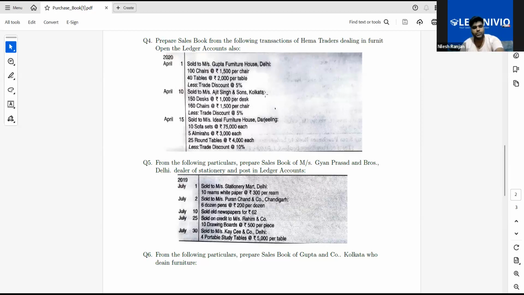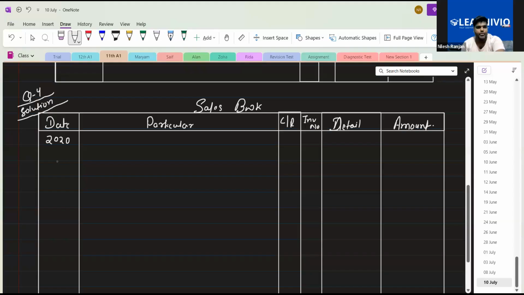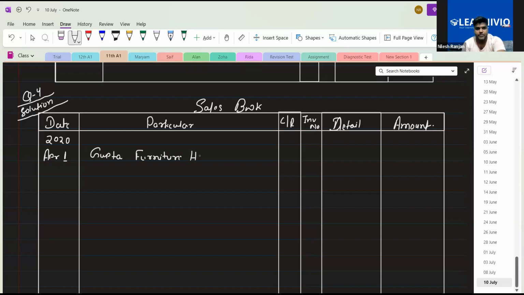Sold to Messrs. Gupta Furniture House, Delhi. Okay, what we have sold, details are given. So on April 1st, the transaction is given with the name of Gupta Furniture, Delhi. First you have to write the name of the business, Gupta Furniture House, Delhi.